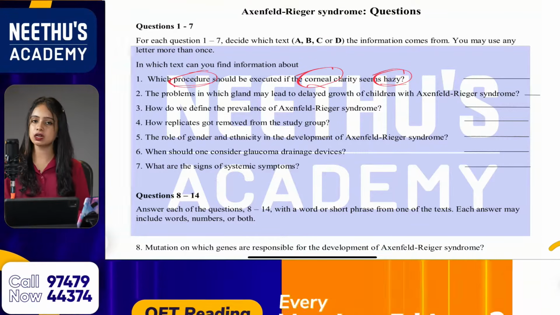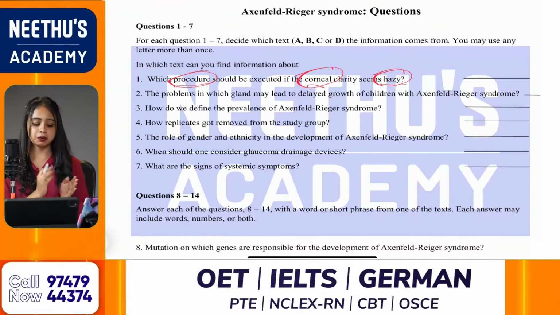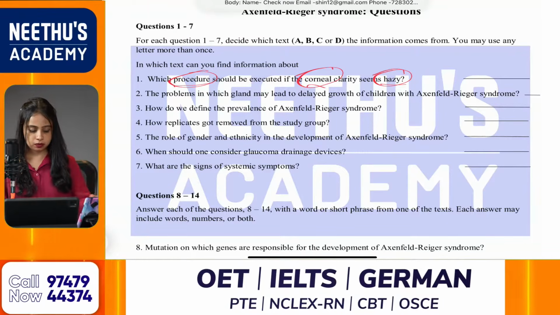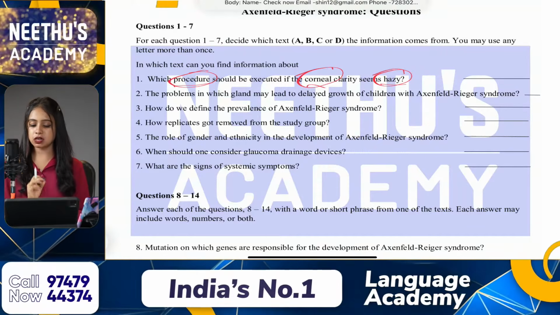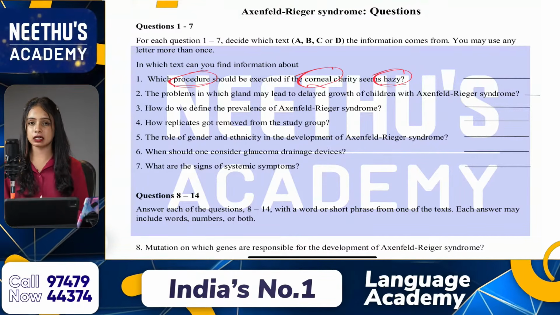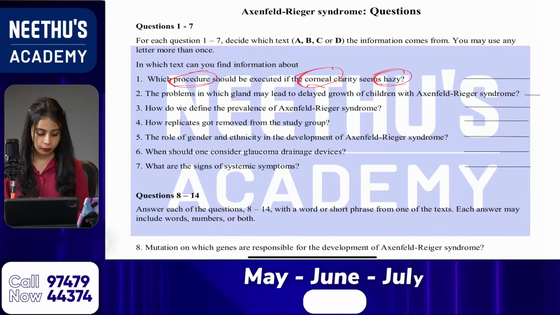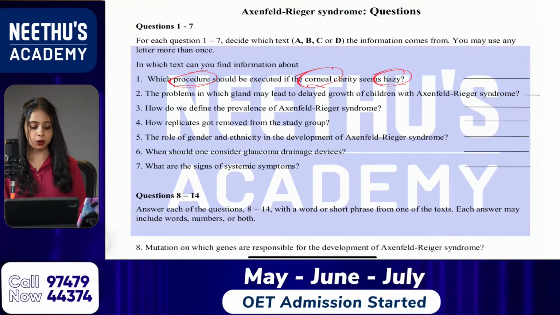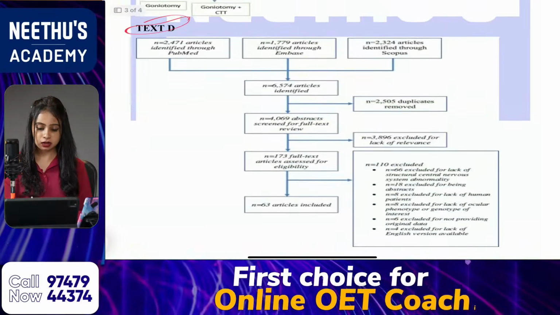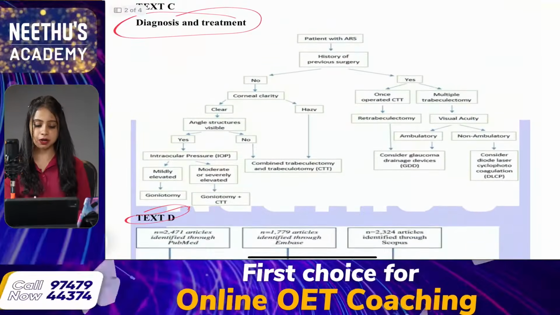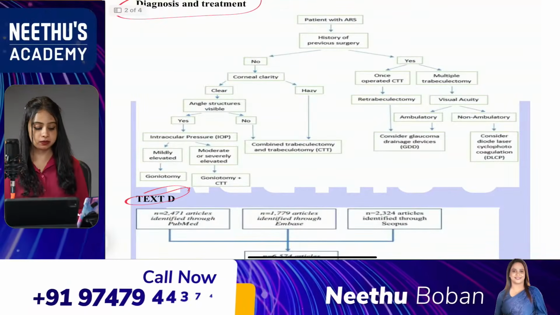So what is your answer? Any idea? Let me know in the comments. For question number 1, which procedure should be executed if the corneal clarity seems hazy? Which is mentioned in this particular diagram, right?